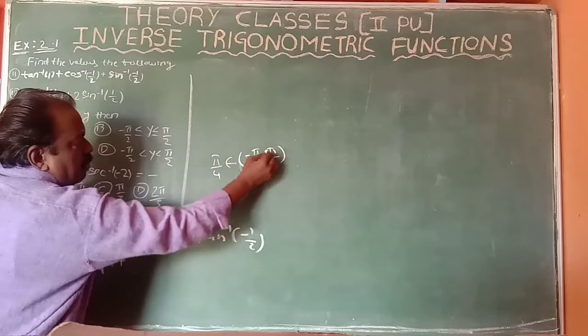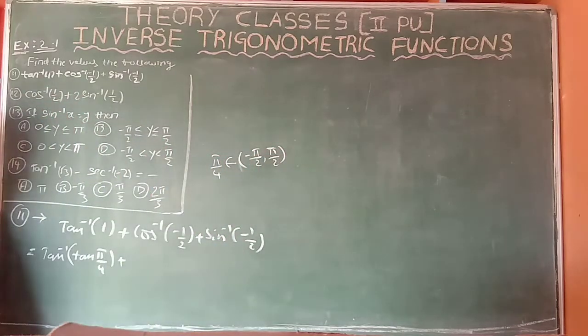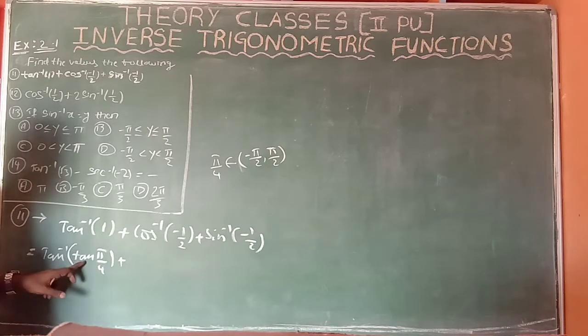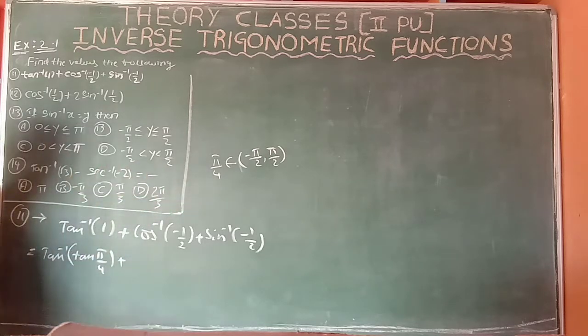So here don't write 5 pi by 4, that is 225 degrees. It is only tan 45 degrees, tan pi by 4. Why? Because this is the reason.